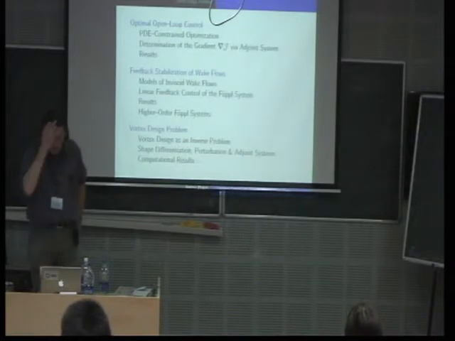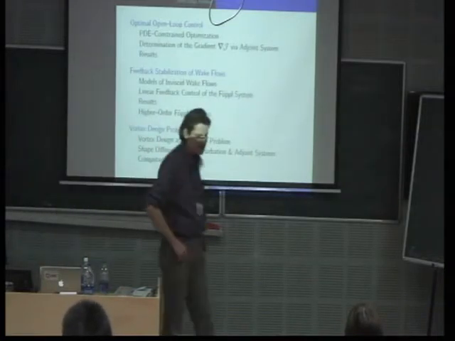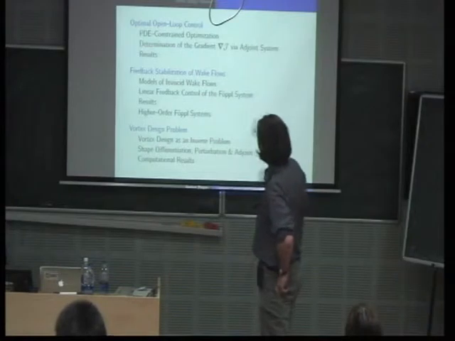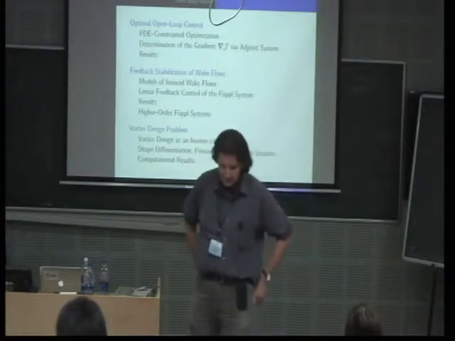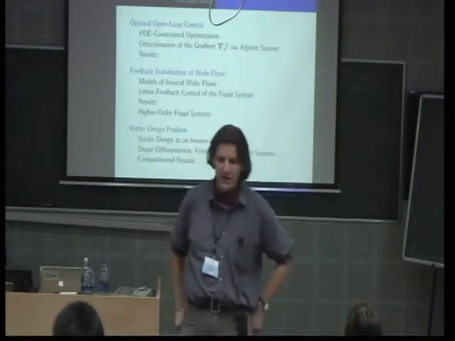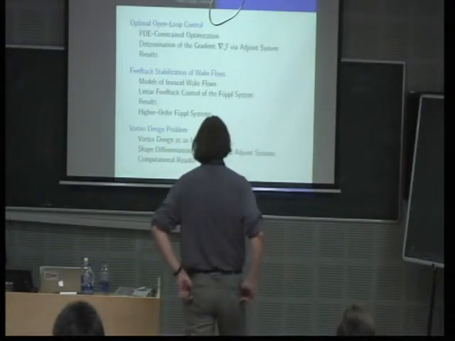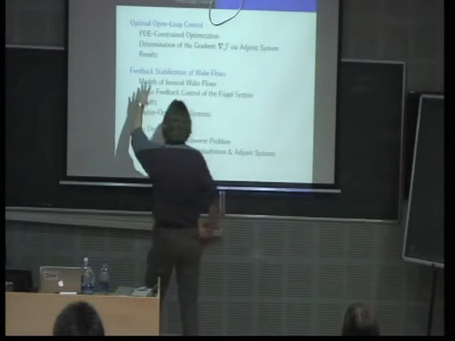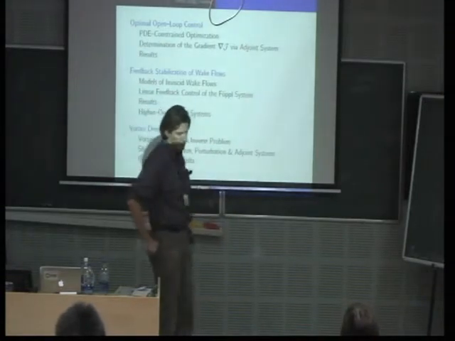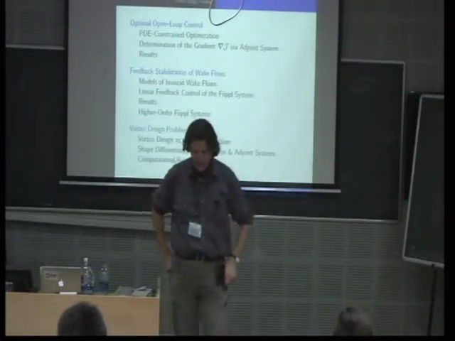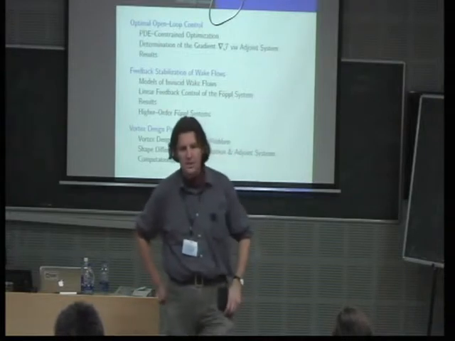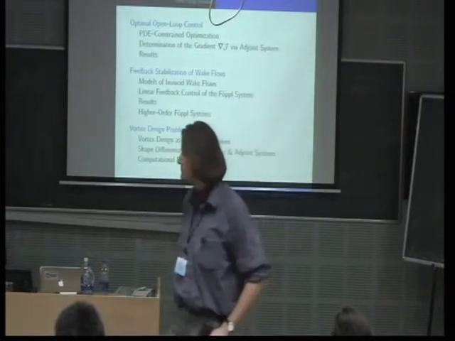So here's the outline of the first part of my presentation. I'll start with some motivation, and then I will discuss two classes of problems. The first is the problem of determining optimal open loop control, which I will frame as the solution of a suitably defined PDE constraint optimization problem.